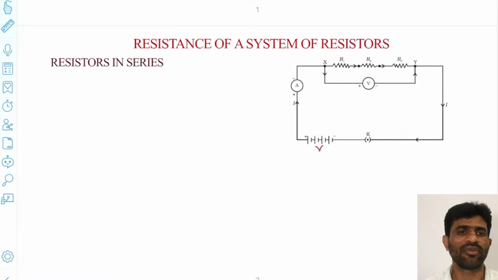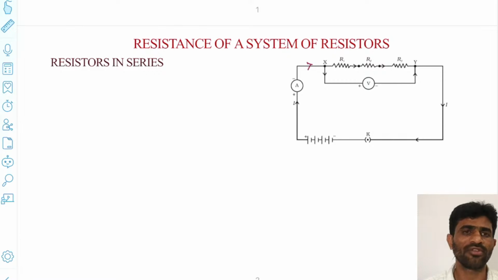So here one very important point you have to remember: when resistors are connected in series, there will be only one single path to pass the current. So by this we should understand there will be single current. Current is not divided, current is same across all the devices when devices are connected in series.